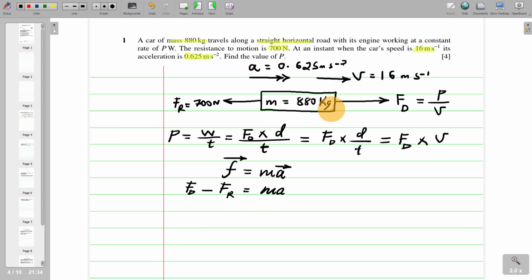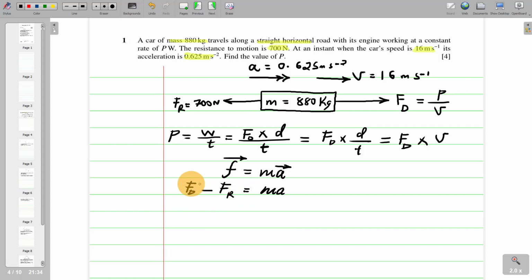Next, if you're given that the two forces which are acting on the object are acting in opposite directions, then you should know that the force which acts in the direction of the acceleration must be larger than the force which is opposing that. So if you've got to get the resultant force, then you should do the force which is acting in the direction of the acceleration minus the force which is opposing that. And that is why I wrote it like this.